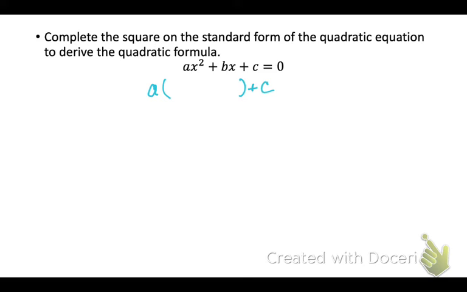So in here you would have A squared plus B over A X. Why would it be B over A? Because you did what with the A? You factored it out and that's division. So we would have B over A divided by 2 squared. Now that looks absolutely horrible, yes?